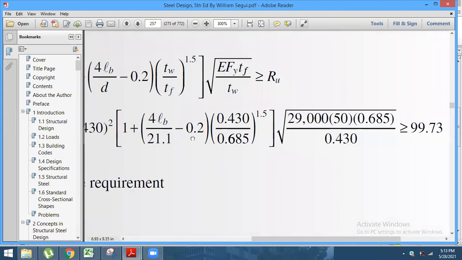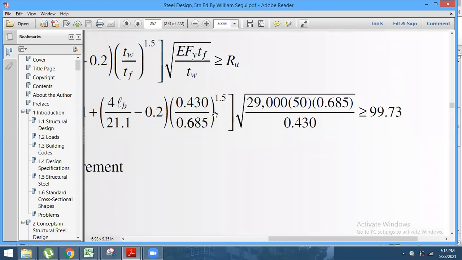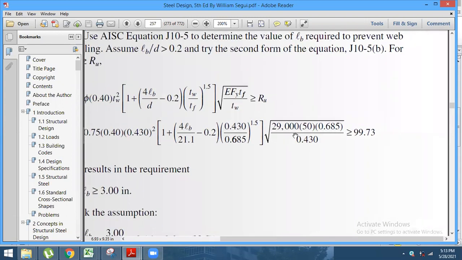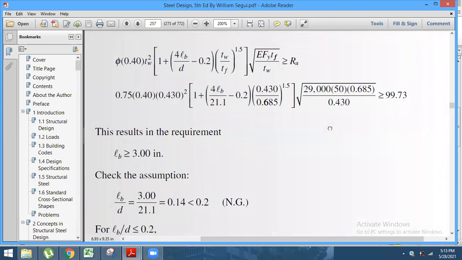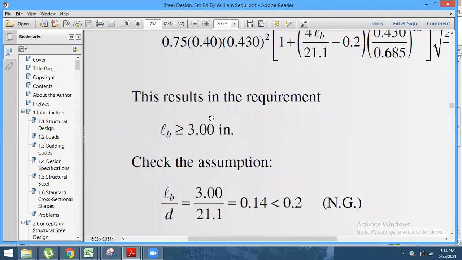Then, minus 0.2 thickness of the web over thickness of the flange raised to 1.5 times E Fy TF over TW na 0.43. So, LB niya dito computed is should be greater than or equal to 3 inches.